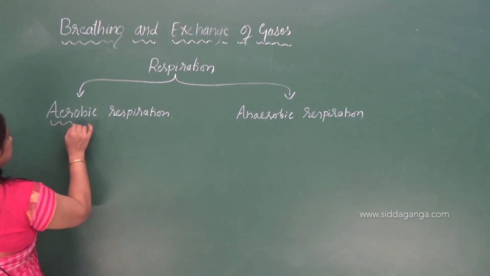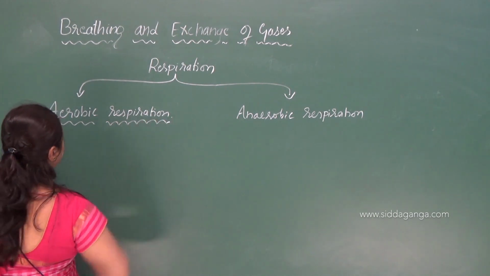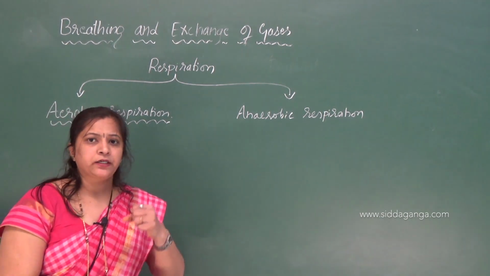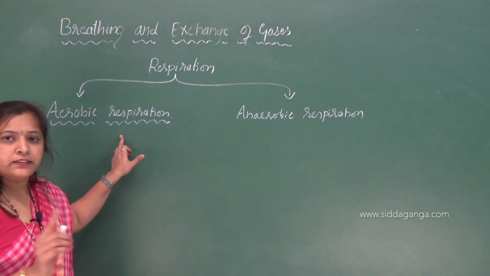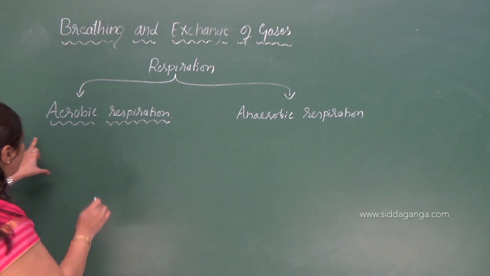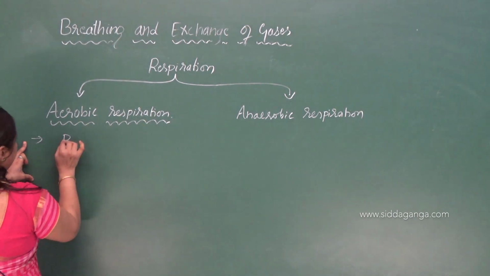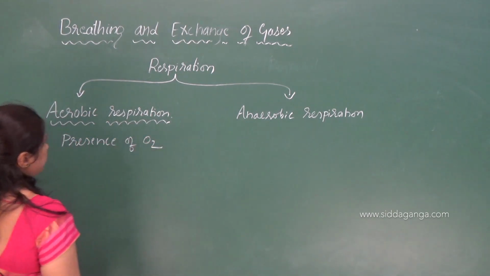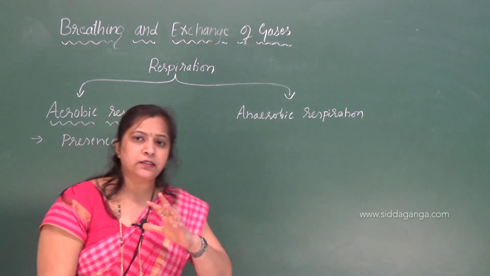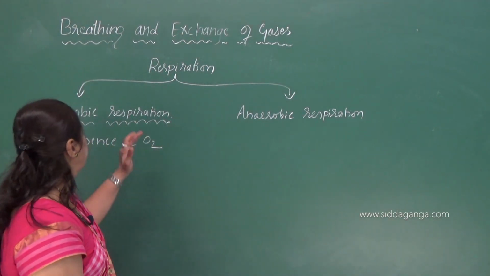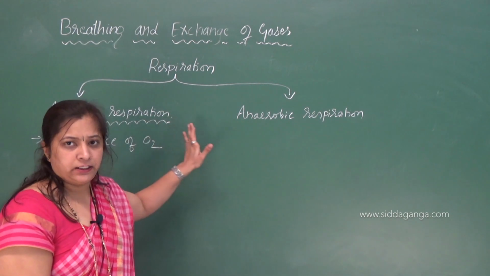See, aerobic respiration occurs in presence of oxygen. When the food is oxidized with the use of molecular oxygen, then it is called aerobic respiration.